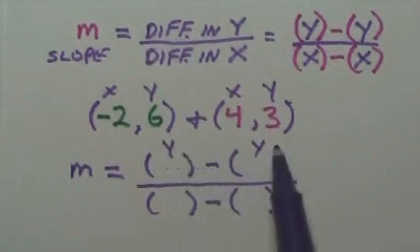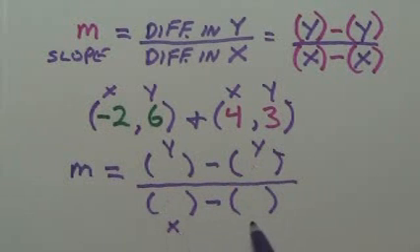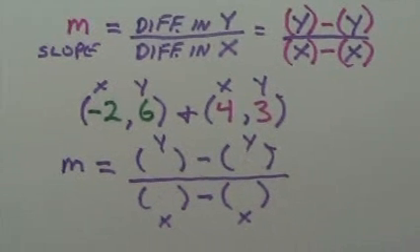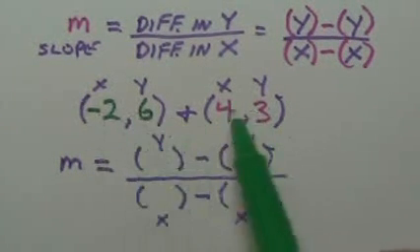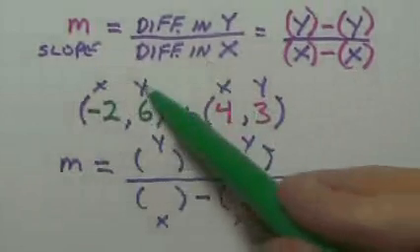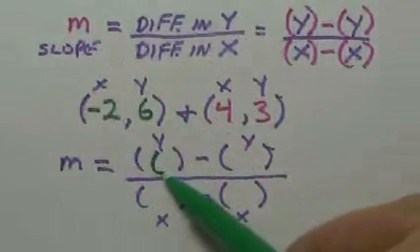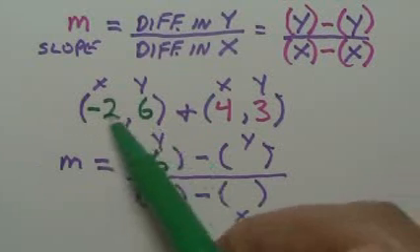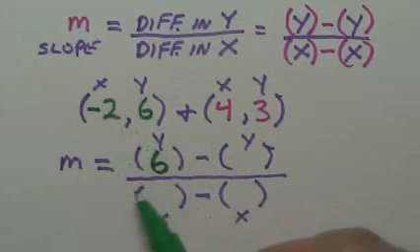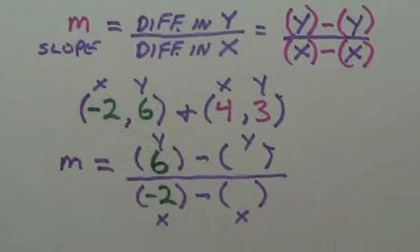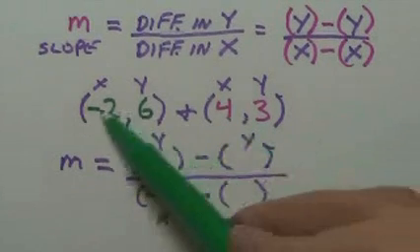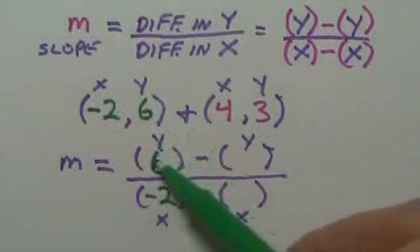Remember, it's y minus y over x minus x. Whatever point you start with, for example, let's say I put the y as 6. Then for my x underneath, that has to be the negative 2, because I'm putting the x's on the bottom and the y's on top.